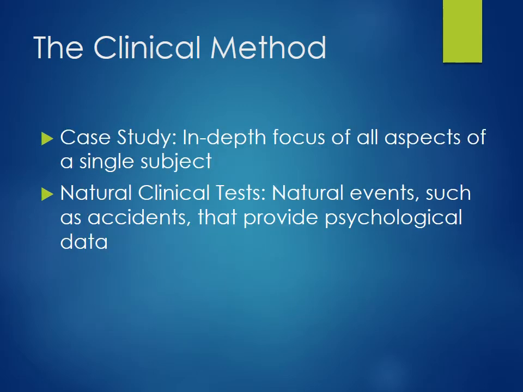Clinical method. You can have a case study, which is just one person, an in-depth focus on that single subject. Then you can also have natural clinical tests, natural events such as accidents that end up providing psychological data. If you haven't already, you can look up the strange case of Phineas Gage. He had a railroad spike go through his skull and he lived.